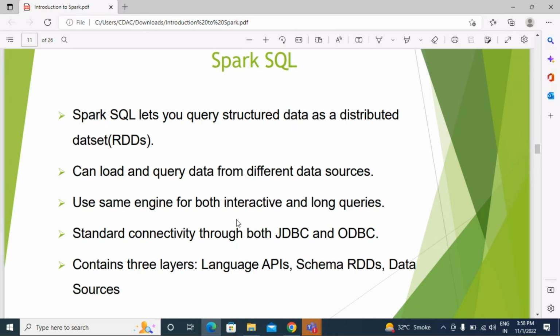In that way, Spark SQL is another tool you have to process your structured data. It can load and query data from different sources. The data source can be multiple.